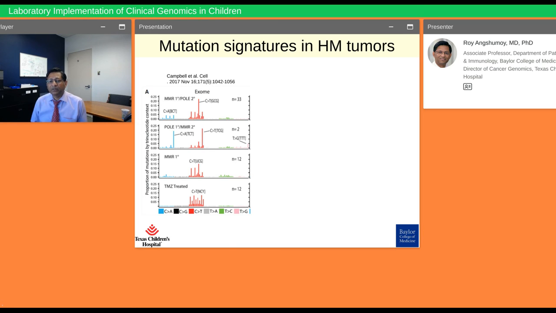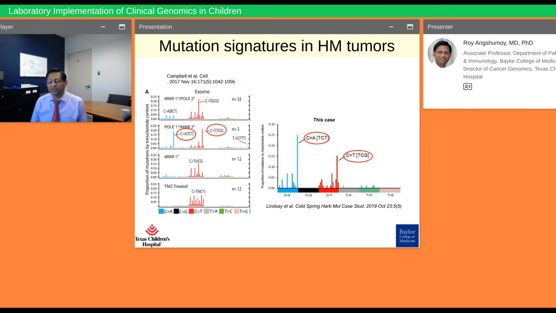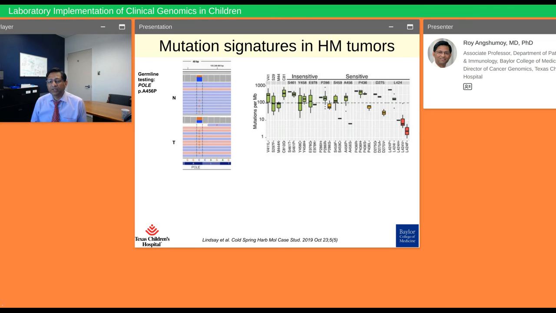And so in our methods of mutation signature analysis, we compared the mutation signature in this tumor, on the right, to the published mutation signatures on the left, and we found what was a classic signature 10. And signature 10 is typically associated with a germline defect in polymerase mutations, so DNA polymerase gene mutations.